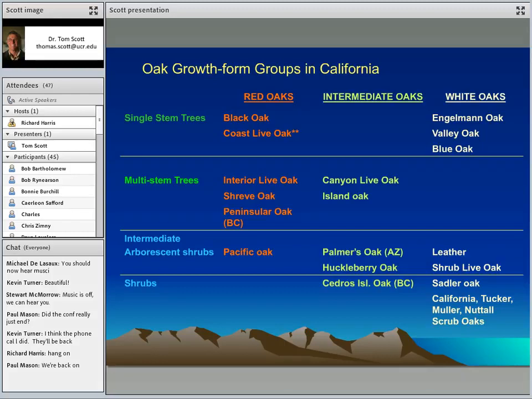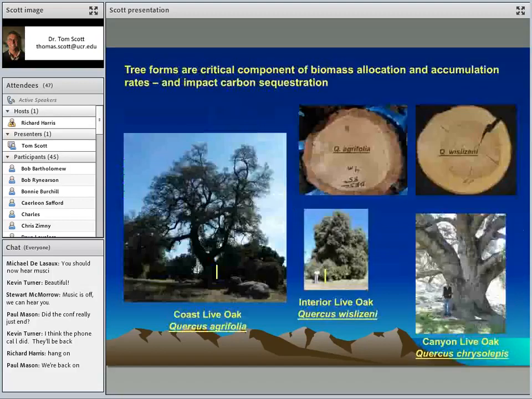Multiple-stemmed trees have a look of being a tree, but if you look carefully at a canyon oak or an interior live oak, what you have is often multiple stems, and in many ways they're acting like a shrub that has become arborescent. And that's really important when you start to talk about how trees sequester carbon, how they survive things like fire and other things.